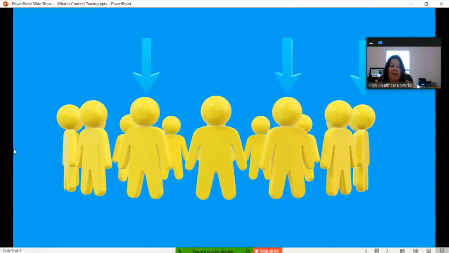So here are all the other people again. We're going to ask them how they're feeling, if they're sick or they've been feeling sick. And these 3 people, with the arrows, actually are sick. They've been having symptoms themselves, and they came in contact with a person.